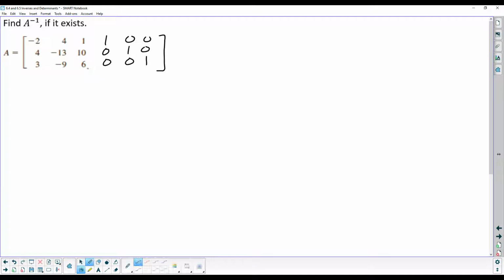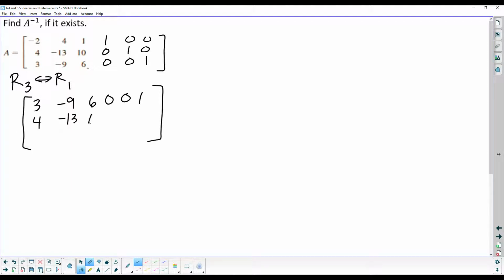So the operation I'm doing is that I'm switching row 3 and row 1. That's all I'm doing right now, just switching the bottom row and the top row. Middle row stays the same.